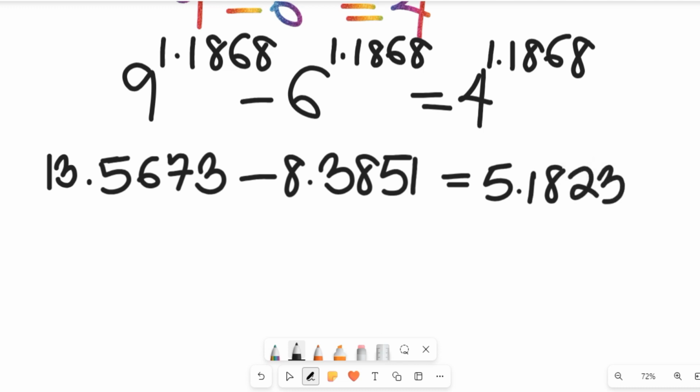So all you need to do is to point a 4 and then you raise it to the power of 1.1868. If you do that, you're going to arrive at this value.